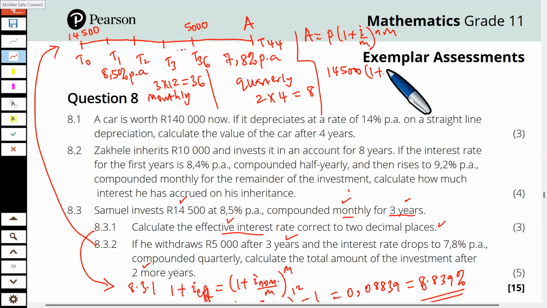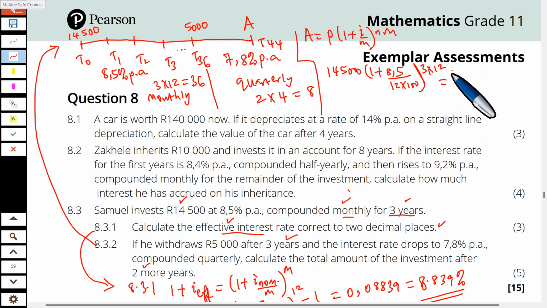So you take the 8.5%, or you can use the effective rate which you got before. It's monthly, so 12 months, by 100. You raise it to the power of the number of years, 3 years by 12. That is what the 14,500 is going to be in the 3 years.